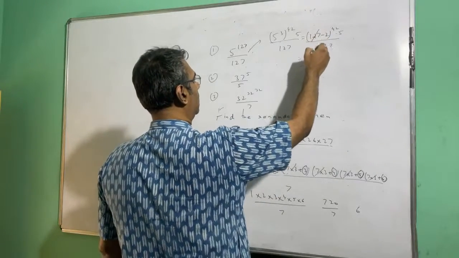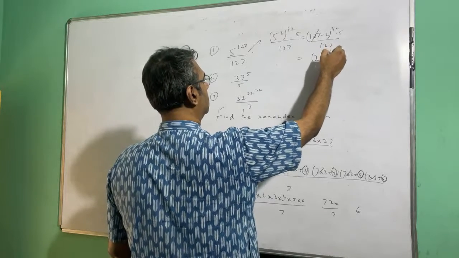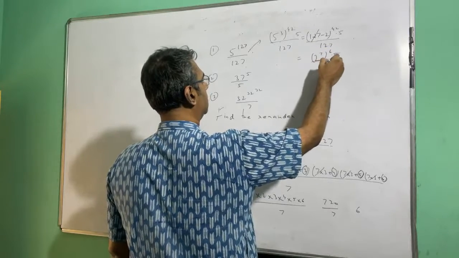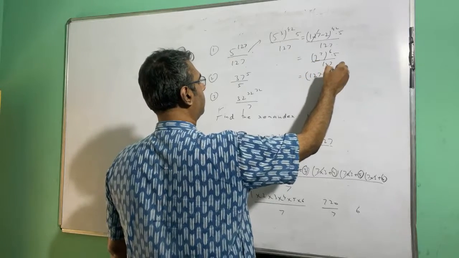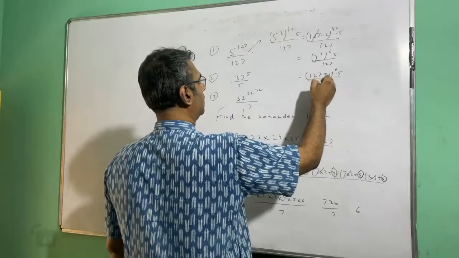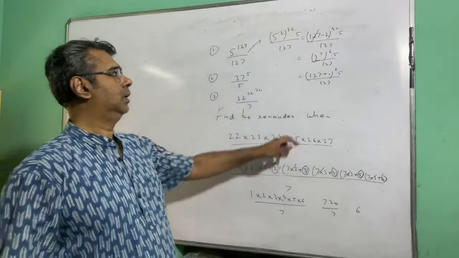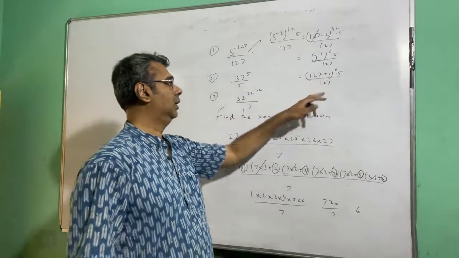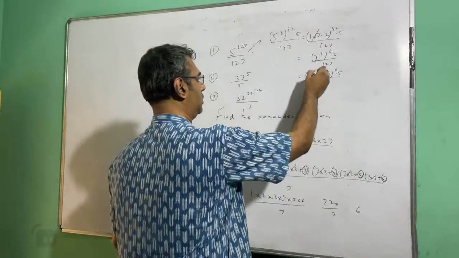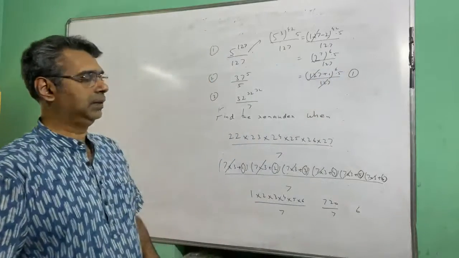You drop 127 and make it 2 to the power 7 whole to the power 6, and 2 to the power 7 is 128, which is 127 plus 1, whole to the power 6 into 5. You just drop 127 and the 1 remains.